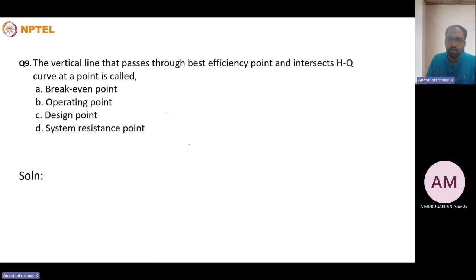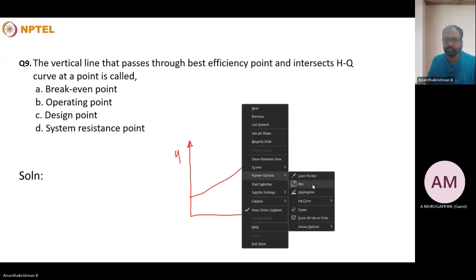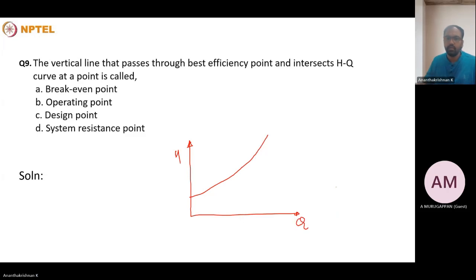So you try to draw the HQ line for a static head. This will be the system characteristic line, and the corresponding design point will be the pump characteristic, this one.